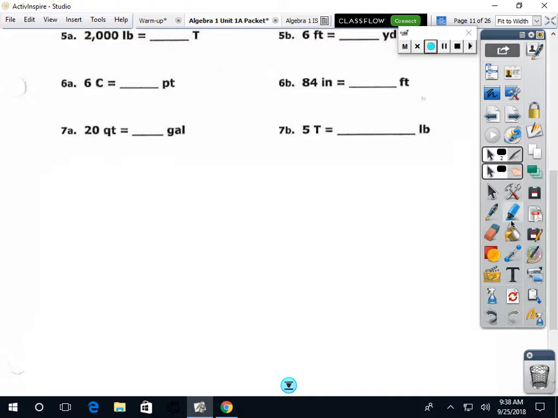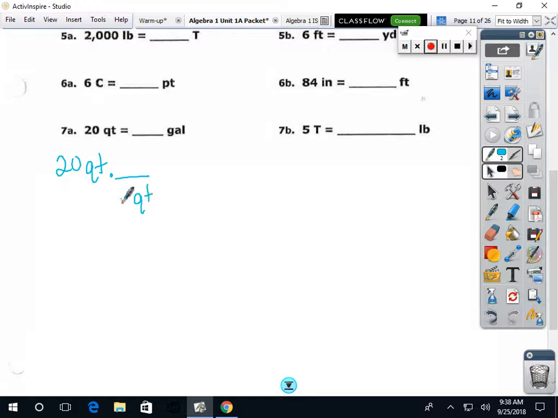All right, 7A. Did everybody have that copied? Okay, 20 quarts. Okay, tell me what I got to write next. Okay, well, just quarts, not necessarily 20, but just quarts.